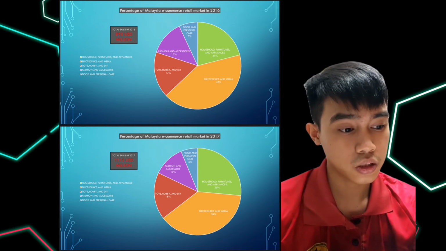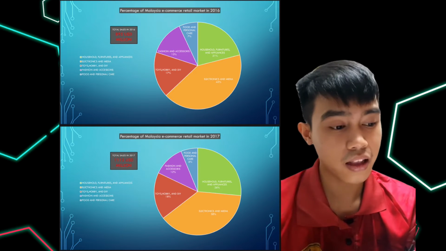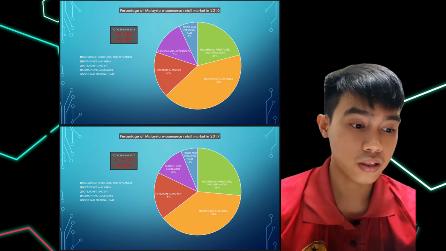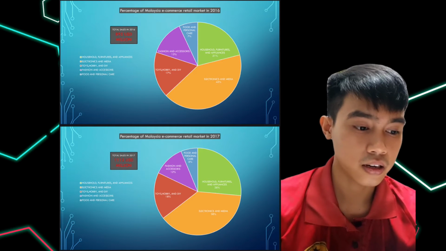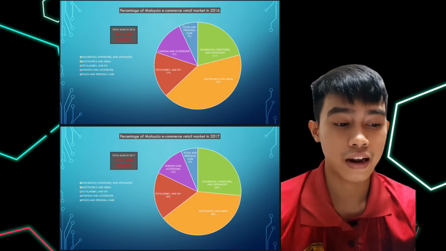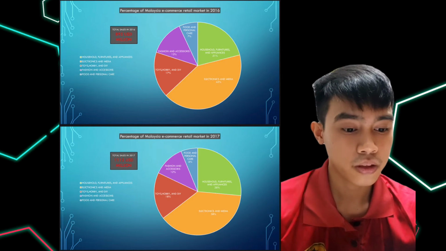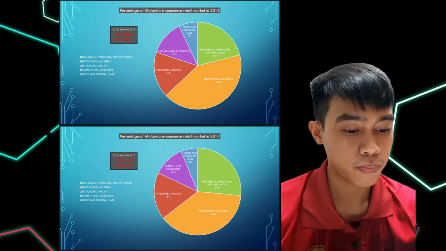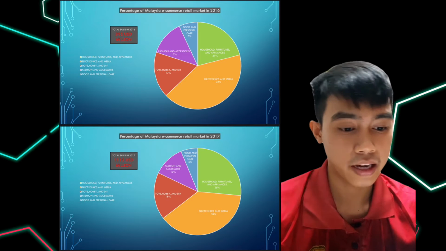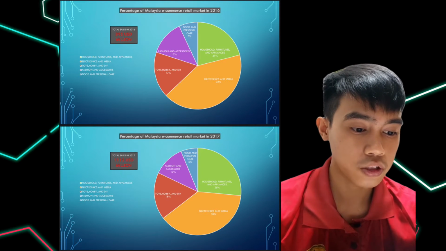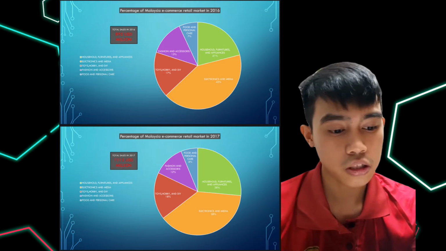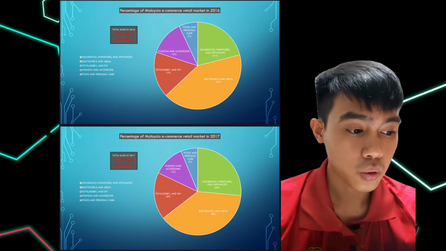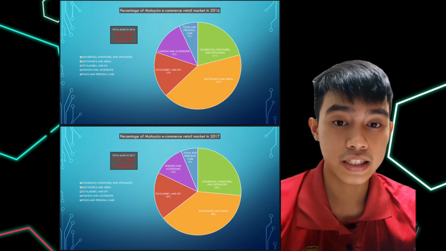The total sales in 2016 is 895 million US dollars, while in 2017 the sales went higher, which is 1,115 million US dollars. There are 5 parts which make up the pie chart, which are fashion and accessories, food and personal care, household furniture and appliance, toys, hobby and DIY, electronics and media. So the percentage also changes due to the year.